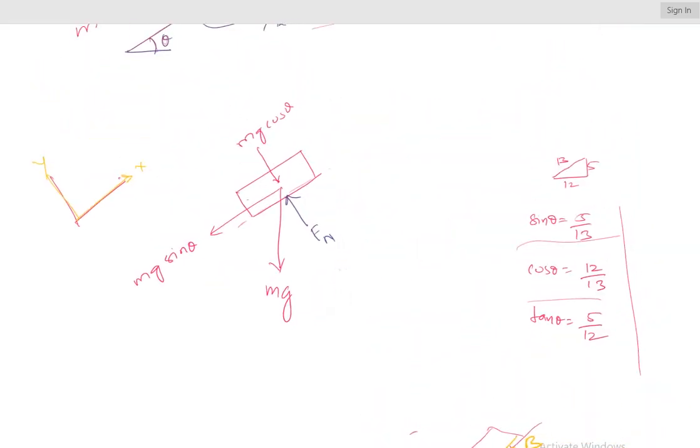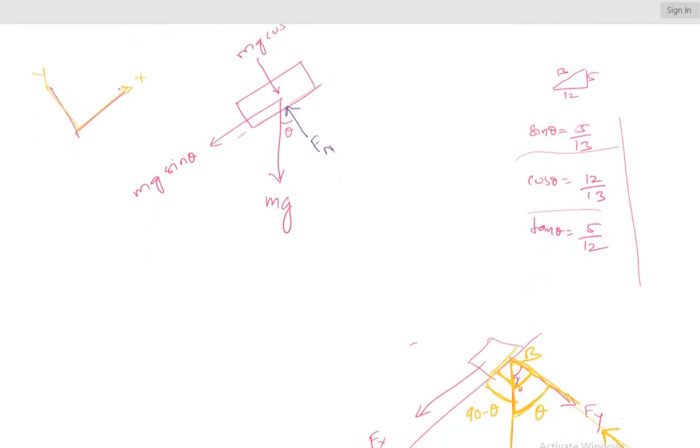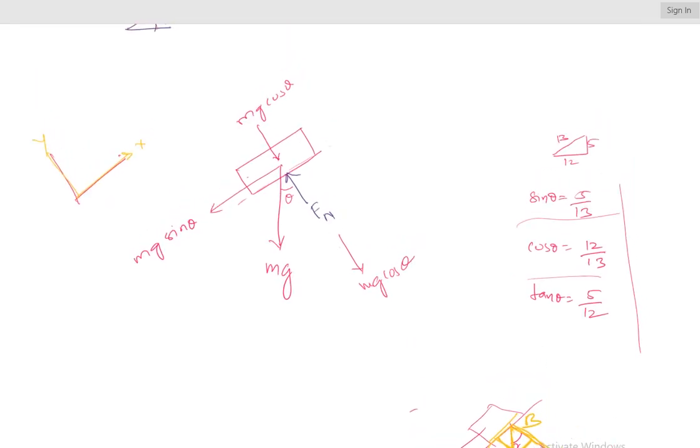Going back here, that angle is theta, right? So that is why the portion of this weight acting in this direction is mg cosine theta. Just for clarity, I didn't want it to get too cluttered here, so I'm showing it here. Okay, I can go ahead and erase this.